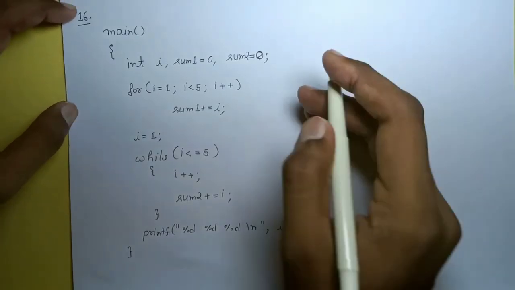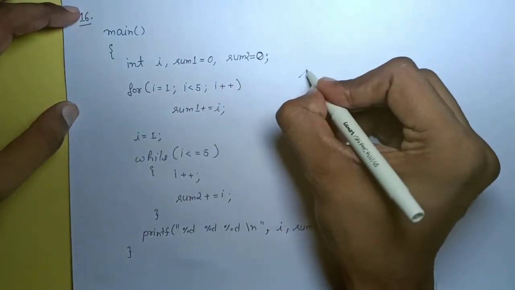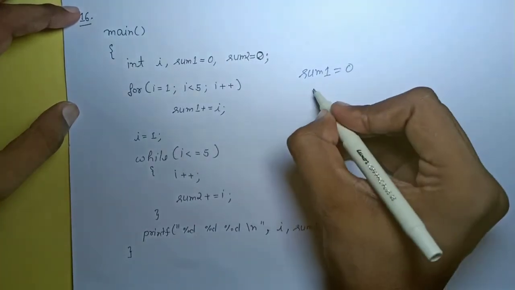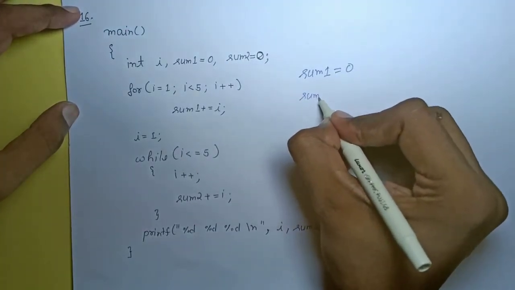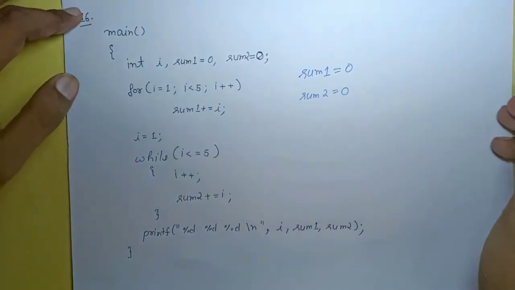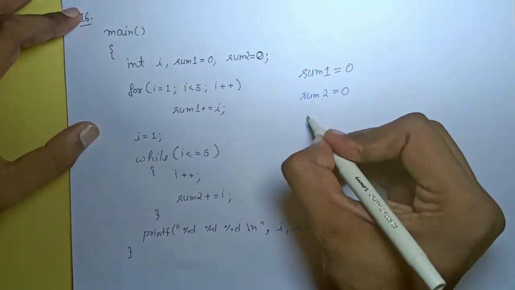Initially we have two variables: the first one is sum1 whose initial value is 0, and the second one is sum2 whose initial value is also 0, and we have an I variable for the loop.